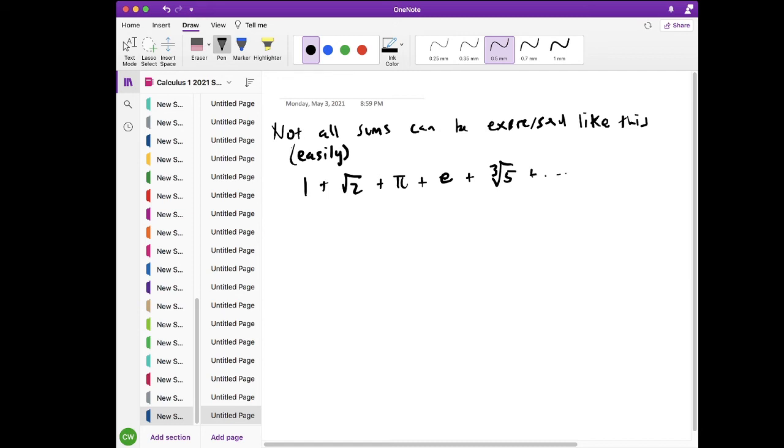It's going to be a very weird function, unless you want to do a piecewise function, which would not be very fun, to describe all these things of f of i. So for example, this would be f of 1, f of 2. But coming up with a function that does that is probably going to be a lot harder than just writing it down. So we probably can't write this as a sum. Probably can't do it.